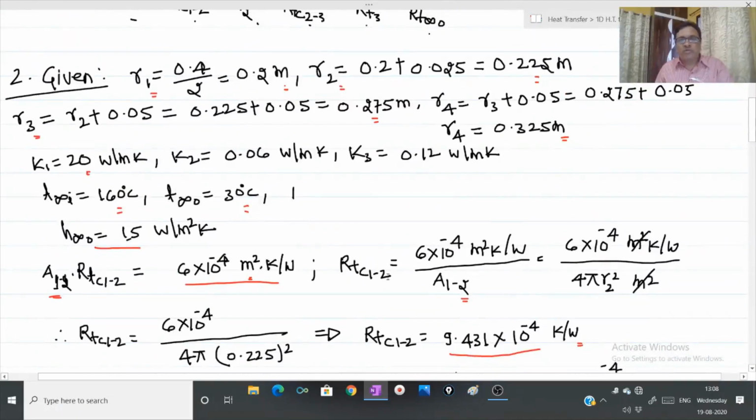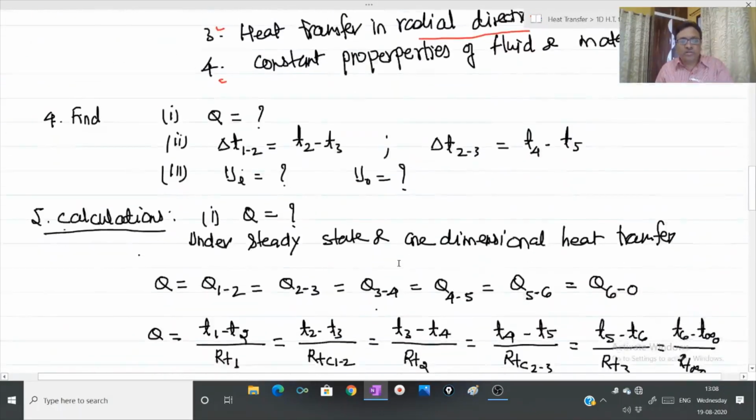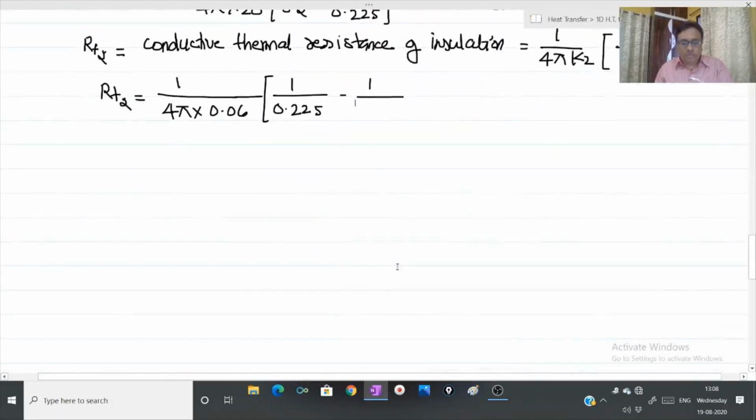R4 is 0.325. Let's remember the value so that we save the time of scrolling down. So RT2 comes out as 1.0717 Kelvin per watt.